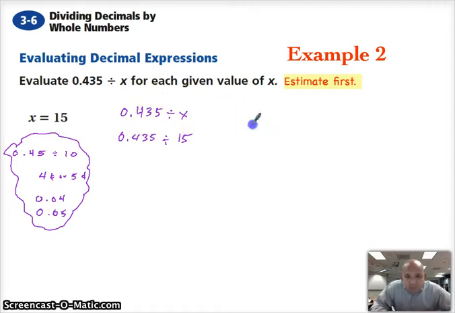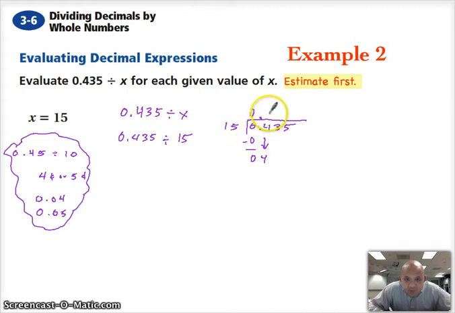Now, when I actually do it, I'm going to put 0.435 underneath the division bar, and I'll put 15 as a divisor out here. Once again, align the decimal in the quotient with the decimal in the dividend. 15 goes into 0 times. Bring down the 4. 15 goes into 4 0 times. 0 times 15 is 0.